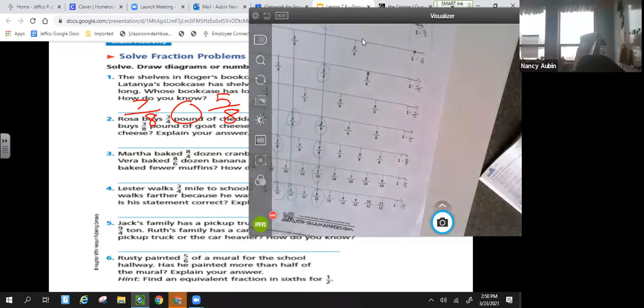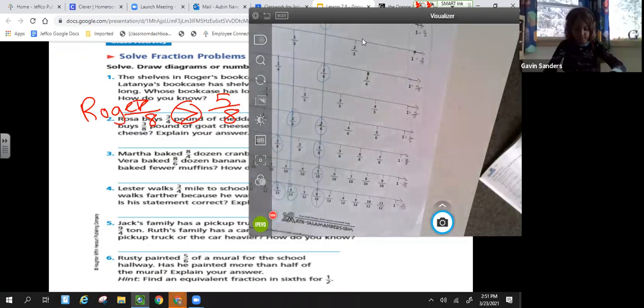Whose shelves are longer? Roger's or Latanya's? You gotta read, look at your text. What does it say? Who has 7/8? Roger, right? So Roger has a longer bookshelf. Yes?